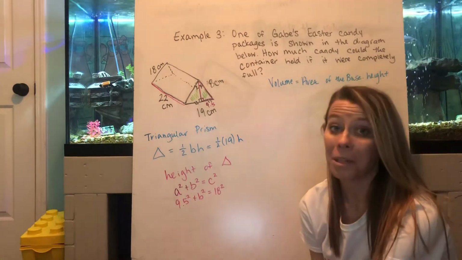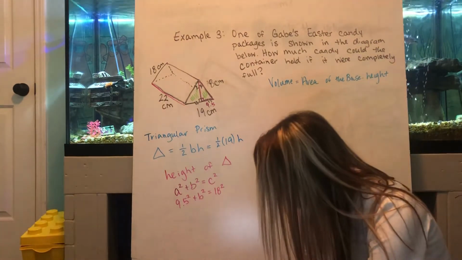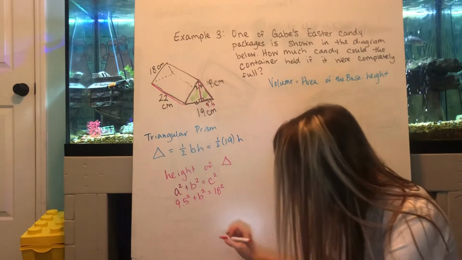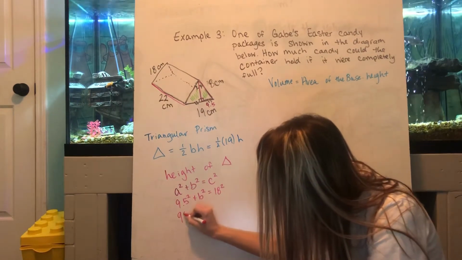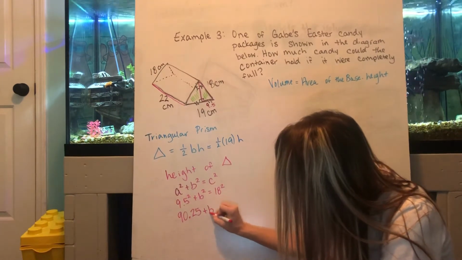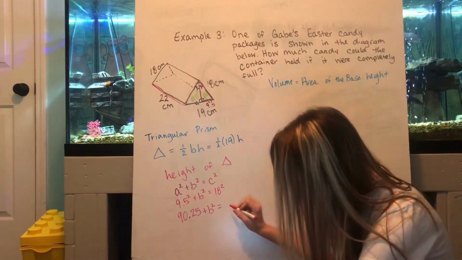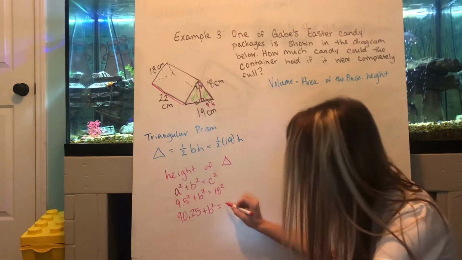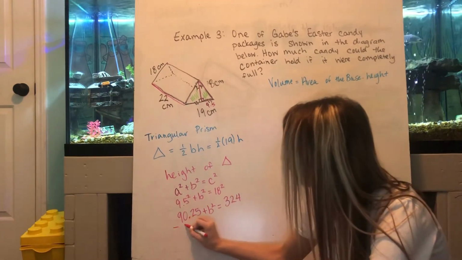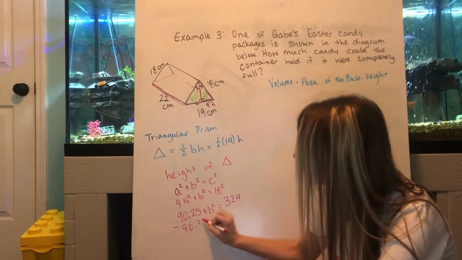I'm going to go ahead and put that in my calculator. 9.5 squared gives me 90.25, plus b squared equals 18 squared, which gives me 324. I'm going to go ahead and subtract 90.25 from both sides.